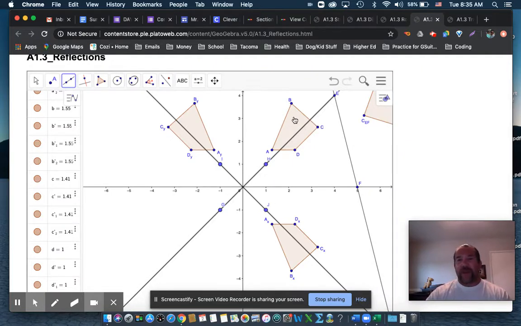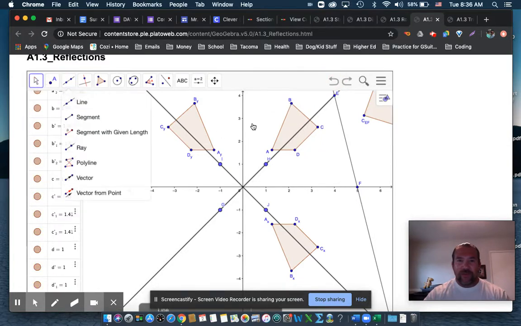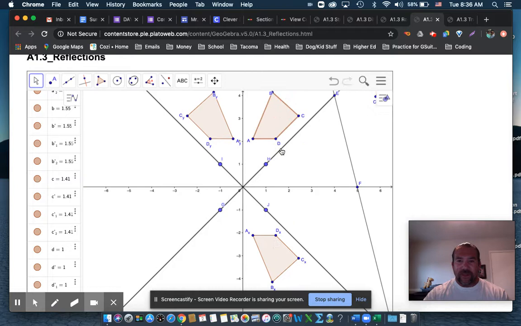If I were to move this figure and have it reflect over this line, it would be over here. If I wanted to reflect over this line, it would be over here.